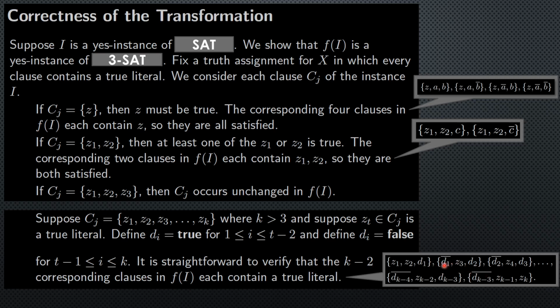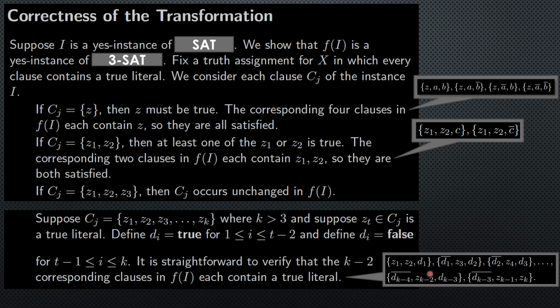So we can let D1 and all the smaller Dis be true to satisfy all the previous clauses. And then we can let D2 be false to satisfy the next clause. We can let all the bigger Dis be false to satisfy all the later clauses. Okay? So we'll define Di to be false for all the i's greater than or equal to t minus 1.